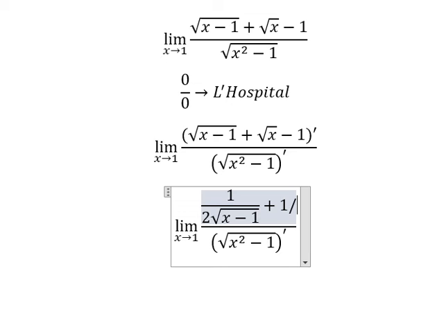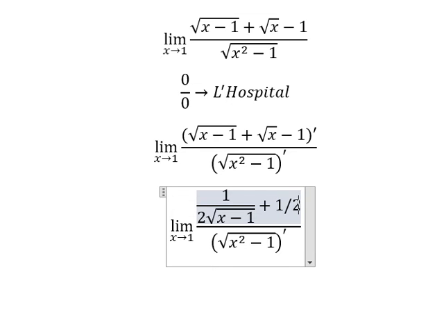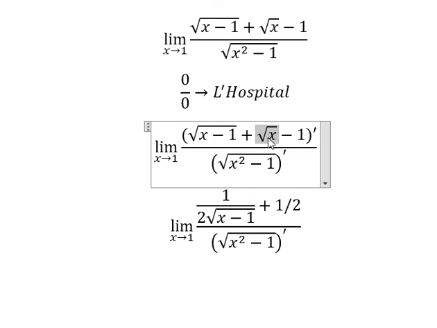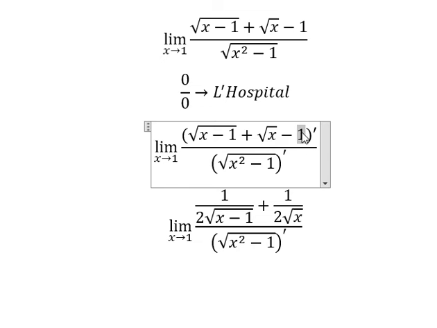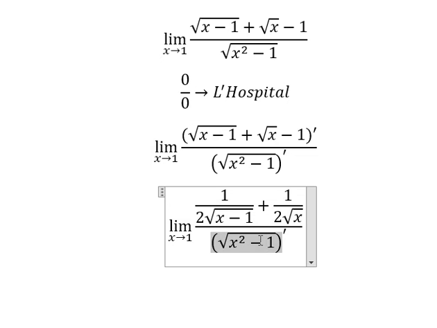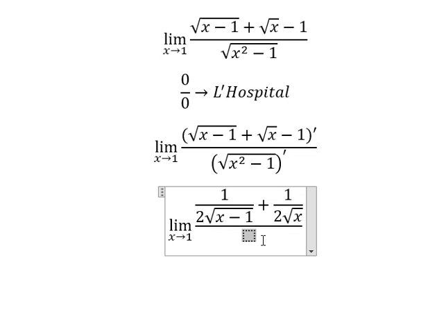And the second one gives 1 over 2 times the square root of s. This one is a constant, so you get 0. This one gives 2s over 2 times the square root of s squared minus 1.